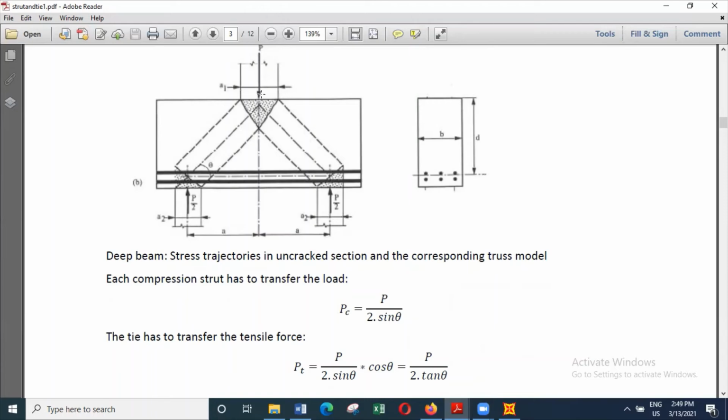This is the load from above, and it will be resisted by these two struts. That means the struts will be carrying a load. And here also you will find another kind of equilibrium, and that is, the reaction is in equilibrium with the load transferred through the strut.